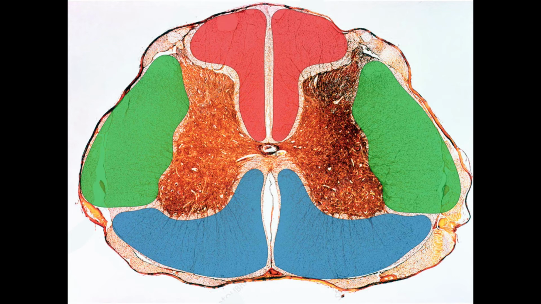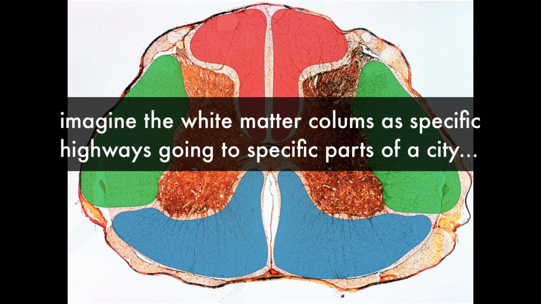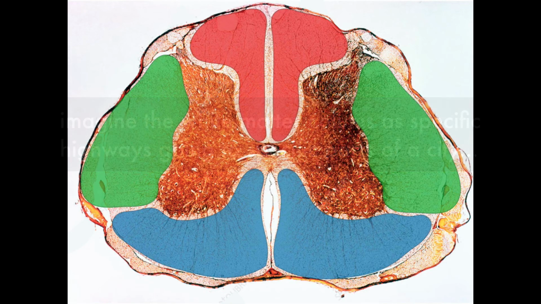We mentioned that before with the somatic reflexes in the previous video: wherever the signal is coming from, it's going to take a specific route to get to its destination, and it takes a specific route inside the spinal cord too. A signal that comes from my toe is going to take one of these columns.